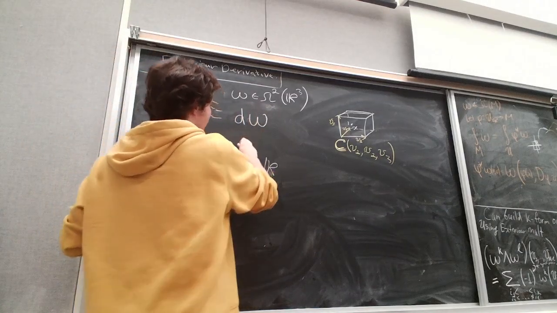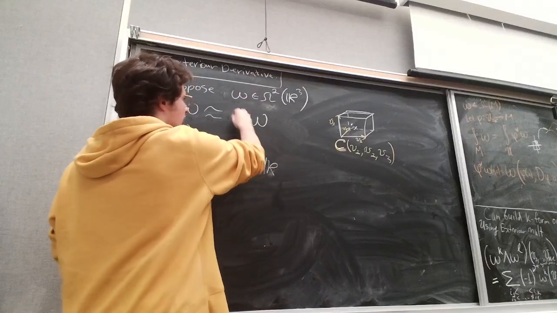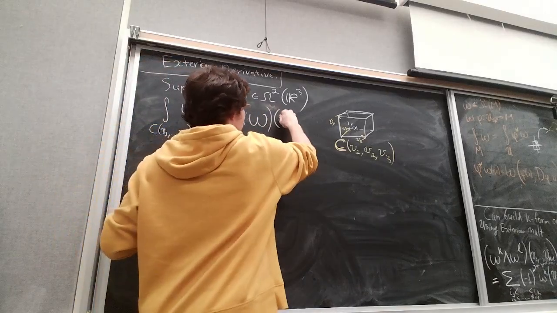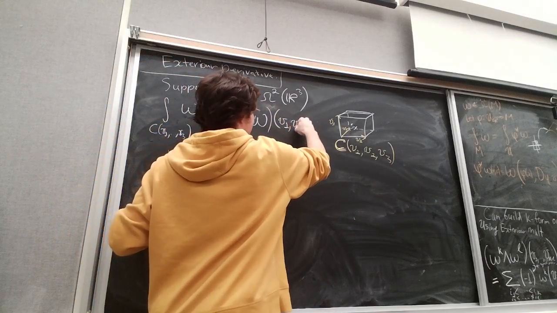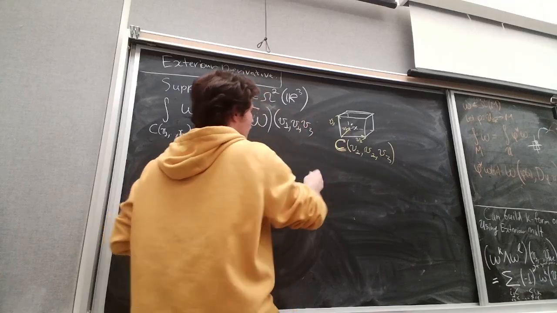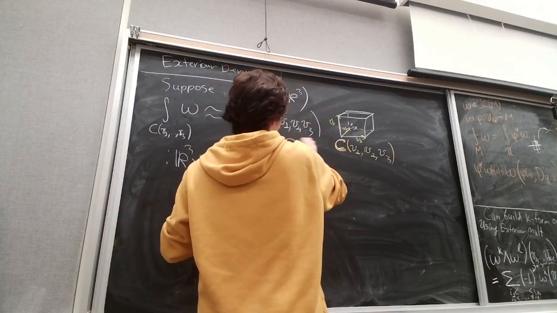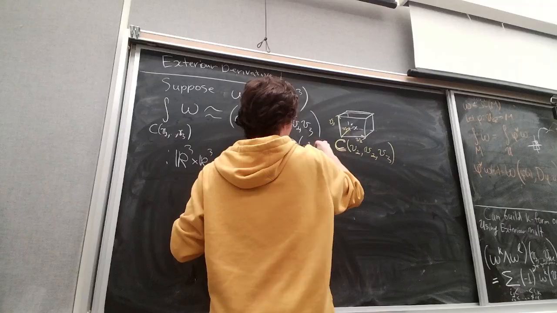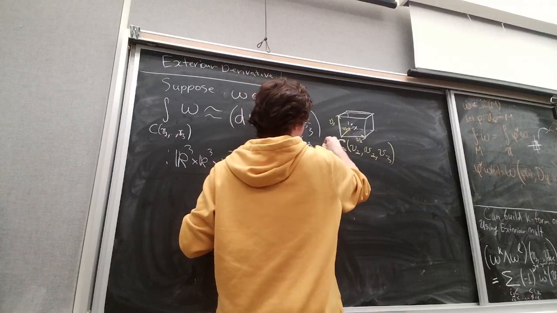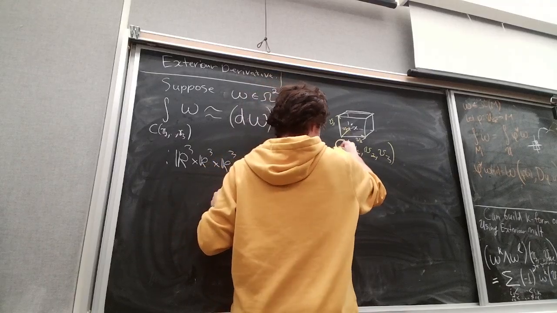this will have a term which we will call d omega, which will take in these 3 vectors. Okay, and then this will have other terms of order v2 squared, v3 squared, so on and so forth.